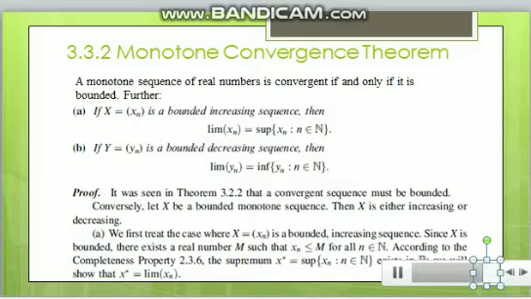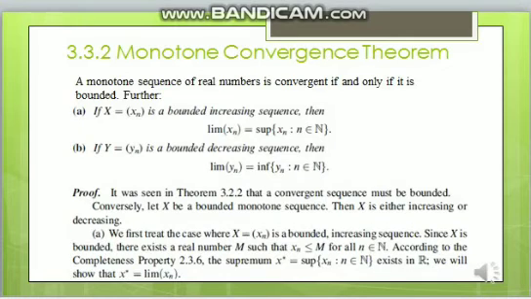According to the completeness property 2.3.6, the supremum x* equals the supremum of xn, n an element of the natural numbers, exists in R. We will show that x* equals the limit of xn.